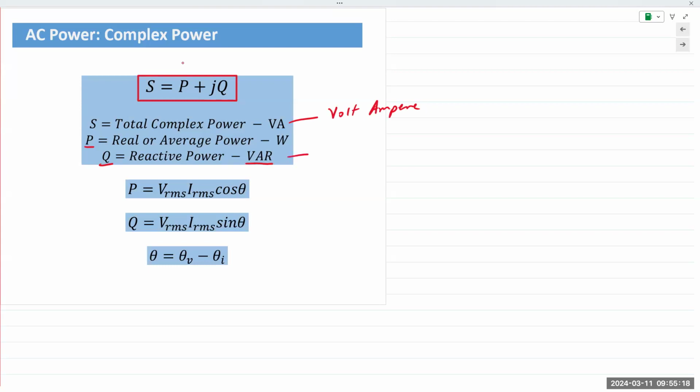Reactive power, VAR, is volt ampere reactive. That's it. So again, total complex power is volt ampere. Reactive power is volt ampere reactive, VAR.